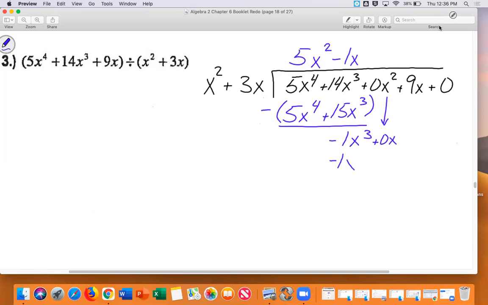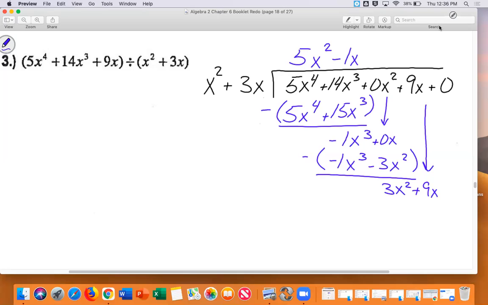That gives me negative 1x cubed minus 3x squared. And I'm subtracting. Negative 1x cubed minus negative 1x cubed, they cancel. 0 minus negative 3 is going to be a positive 3. Bring down that 9.